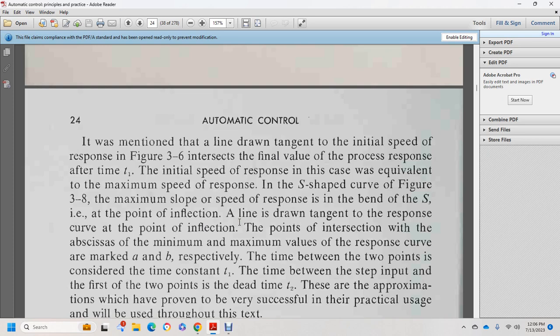The line is the tangent to the response curve at the point of inflection, with the intersection of the minimum and maximum value of the response curve marked AB. The time between the two points is considered time 1, and the time between the step of the input and the first point is the dead time 2.